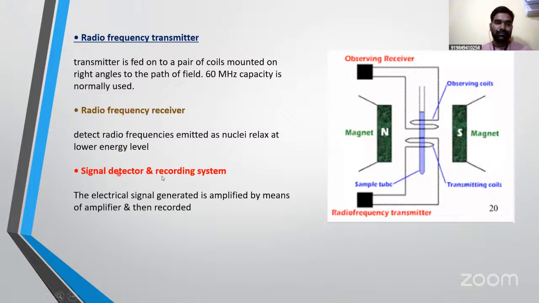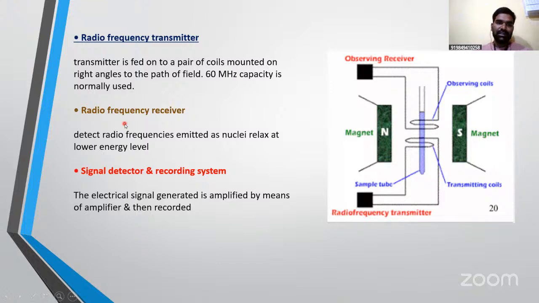Okay. Signal detector and recording system is the next one. The electrical signals generated are amplified by means of an amplifier and then recorded. So after the radio frequency receiver, what happens?